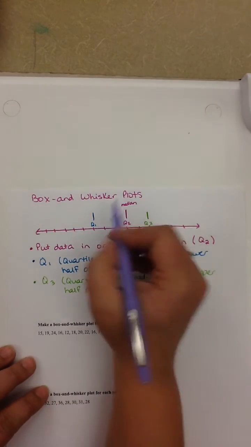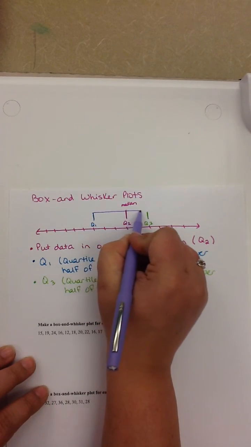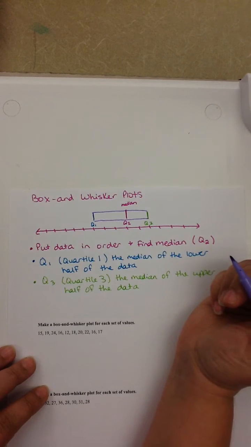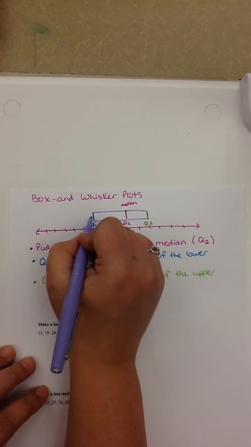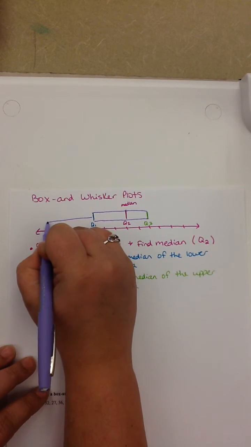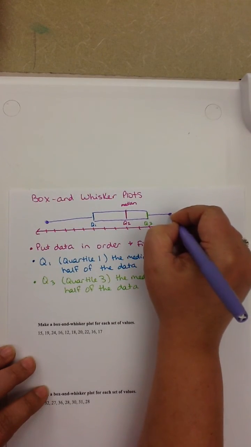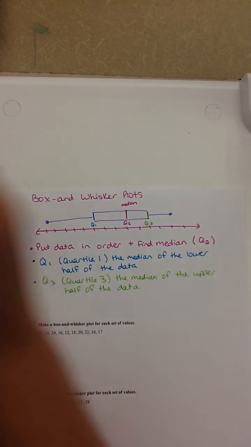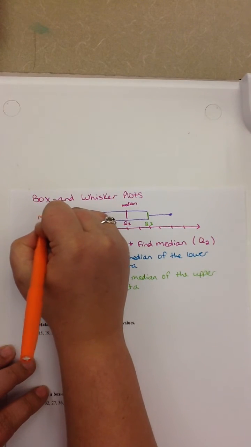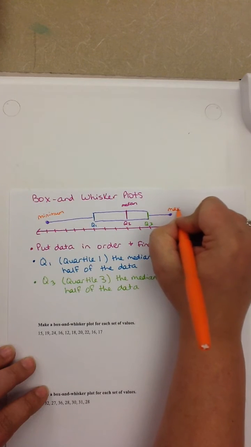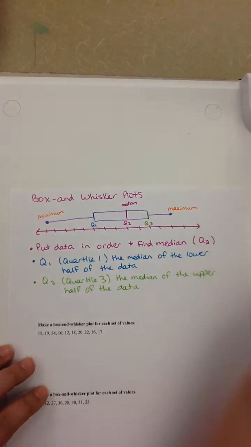Then Q1, Q2, and Q3 all get made into your box. Then your box is going to have whiskers that go out to the minimum and the maximum numbers in your data.